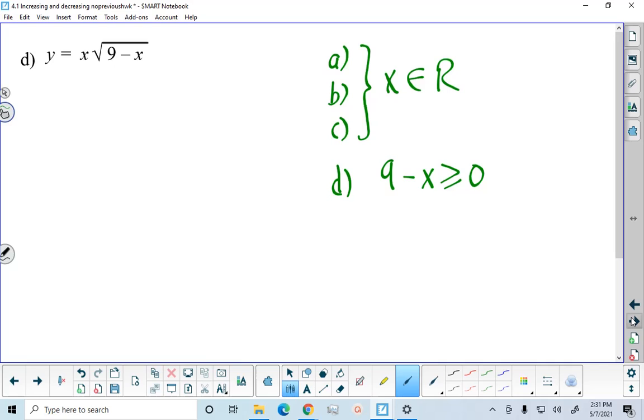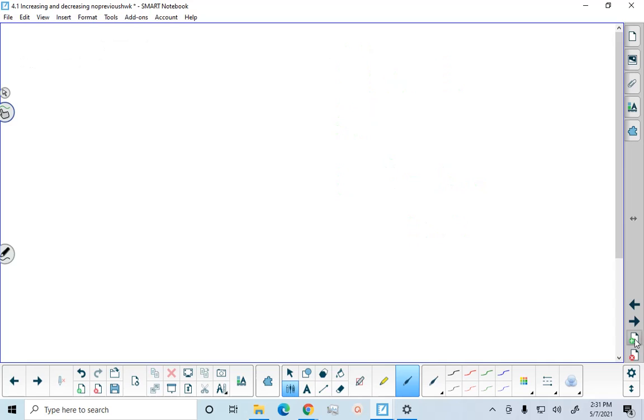I do not like negatives in front of variables. So what I would do is move that x to the other side where I have 9 is greater than or equal to x. Now, I'm going to go to a different page and just explain something to you. If I told you that 8 was greater than or equal to x, and I said to you, well, I don't want to know what 8 is.